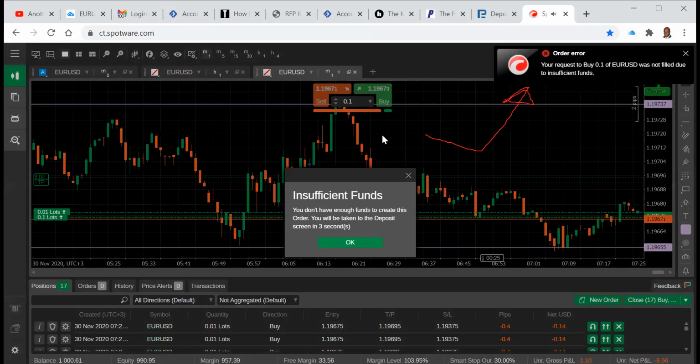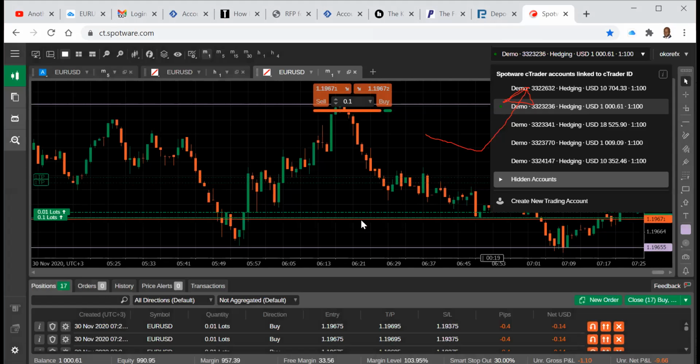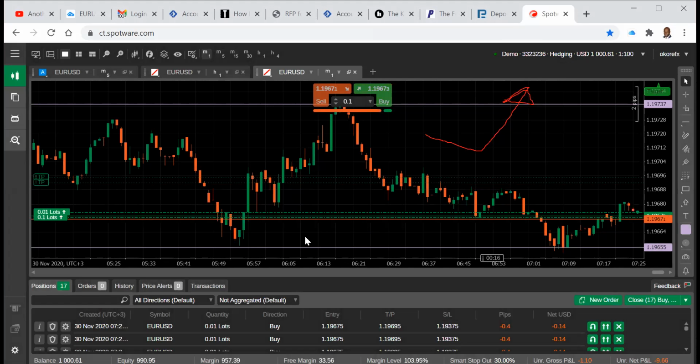Oops. It tells me that I don't have sufficient funds, but that's fine. For a $1,000 account, you might not be able to use anything more than 0.1.